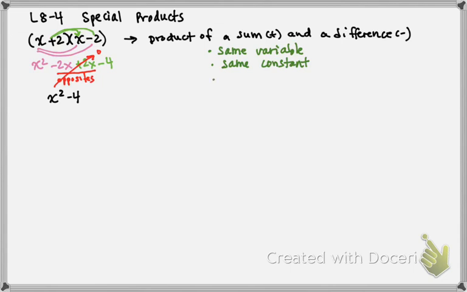But what's different is we have opposite signs. When that happens, we're always going to have those opposites in the middle. They're going to cancel each other out, and we're left with the square of the first term and the square of the last term. This is called the difference of squares.